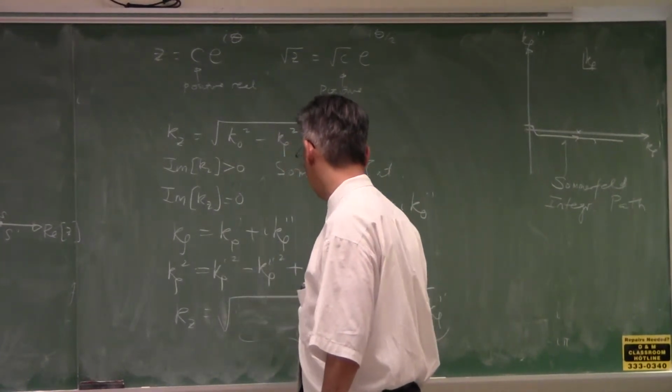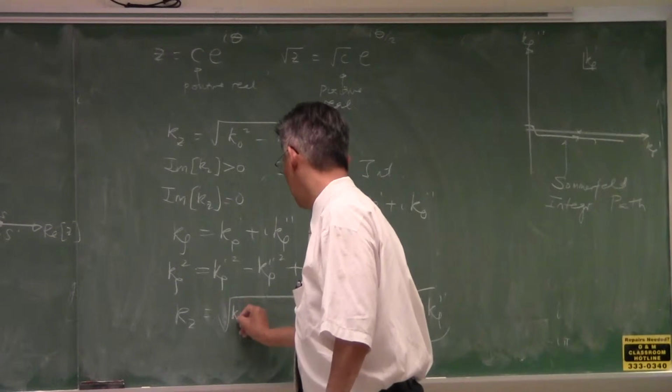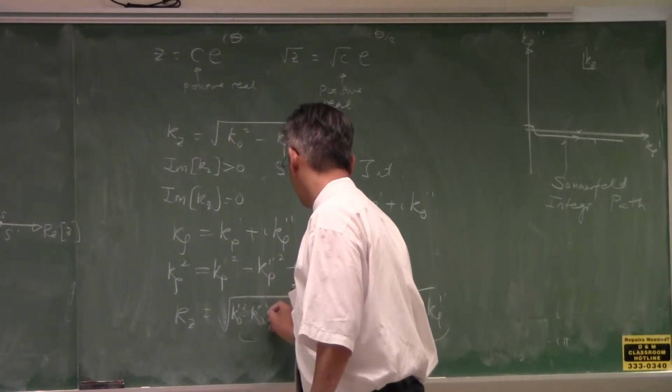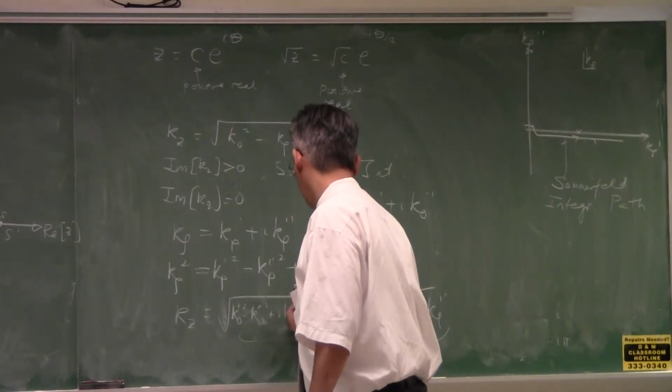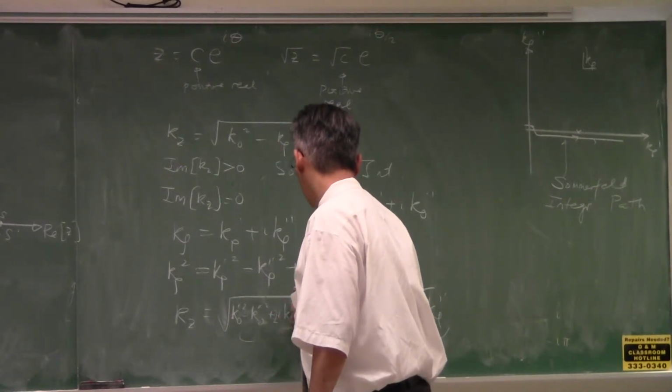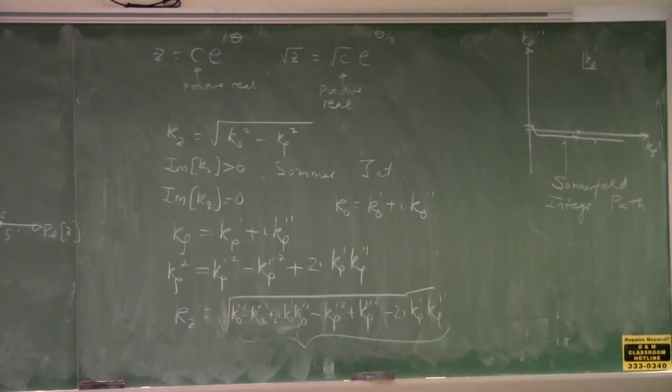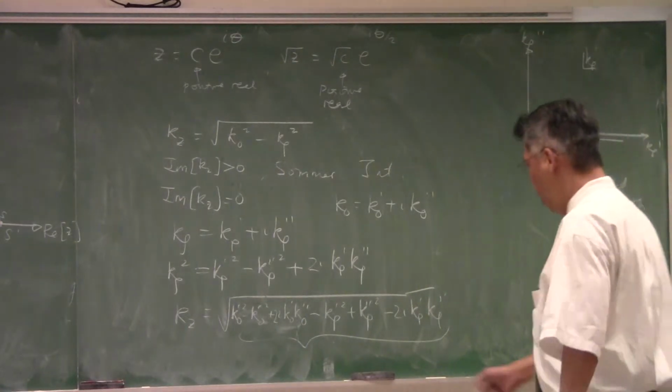Thanks for pointing that out. So it would be k0 prime squared minus k0 double prime squared plus 2i k0 prime k0 double prime. So the whole argument will look something like that. Sorry for the mess up.